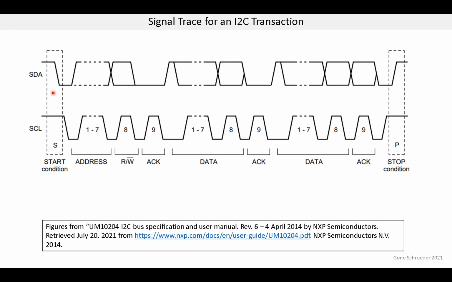If that does happen, it's a start or a stop. So a start condition is when there is a falling edge on SDA while the clock is high. And a stop condition is when there's a rising edge on SDA while the clock is high. So that's it for the bus operation at the SDA and SCL level.